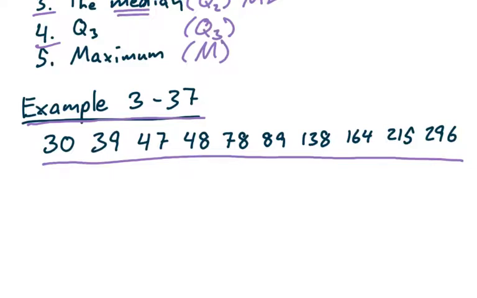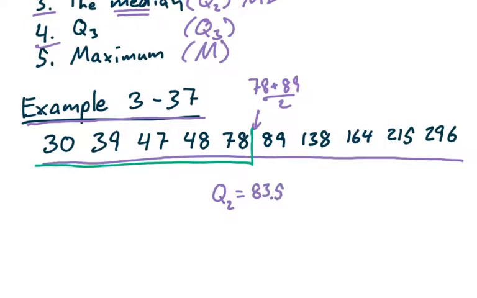And so the first thing that we'll do after we've put it in order is we'll find the exact center of the data set. So here we have to take the average. In order to find Q2, we have to average together 78 plus 89. And so there we get 83.5, the median, Q subscript 2. Next, we'll consider the lower half of the data set. This will give us Q subscript 1, just looking at the halfway point there.